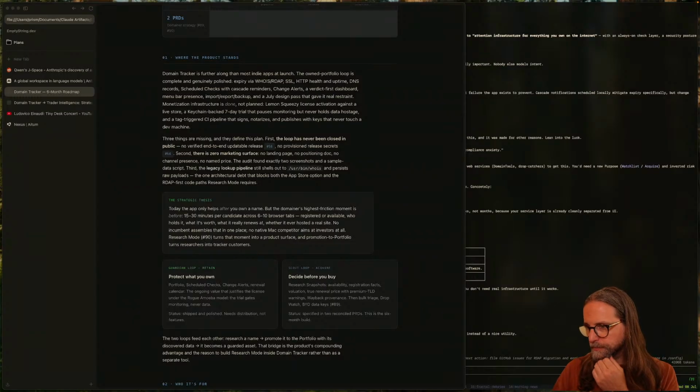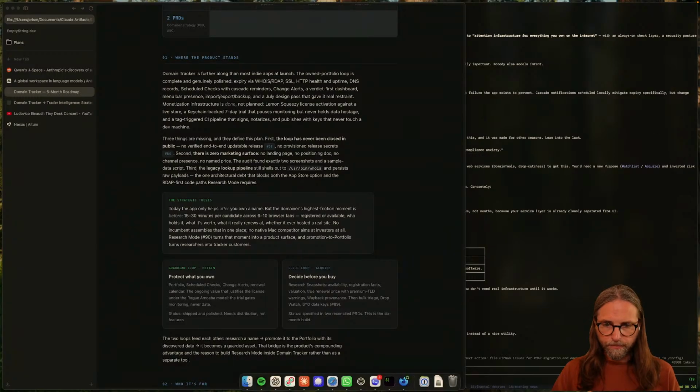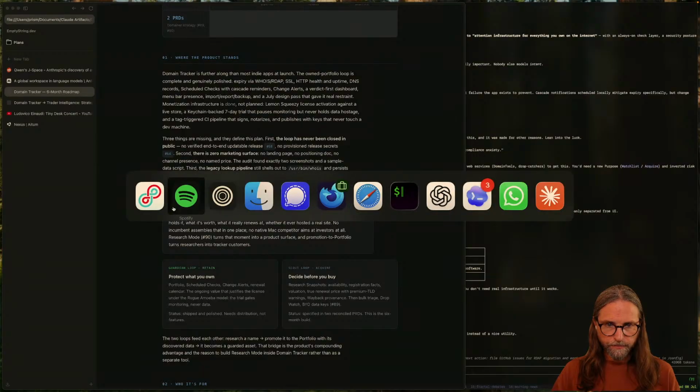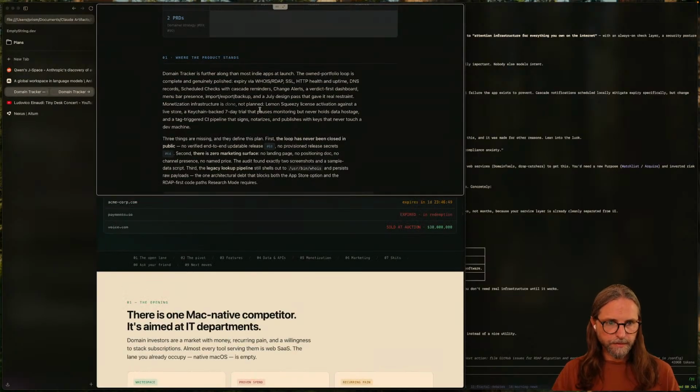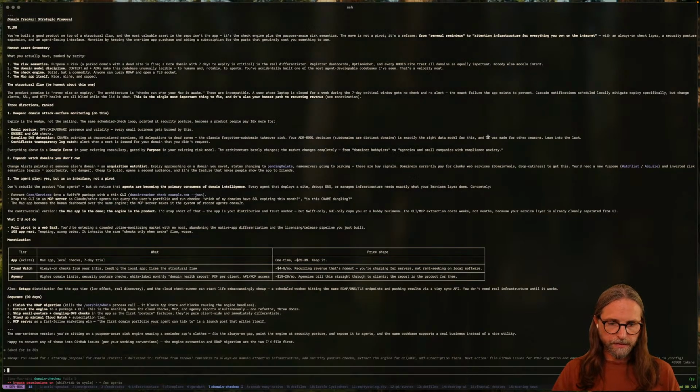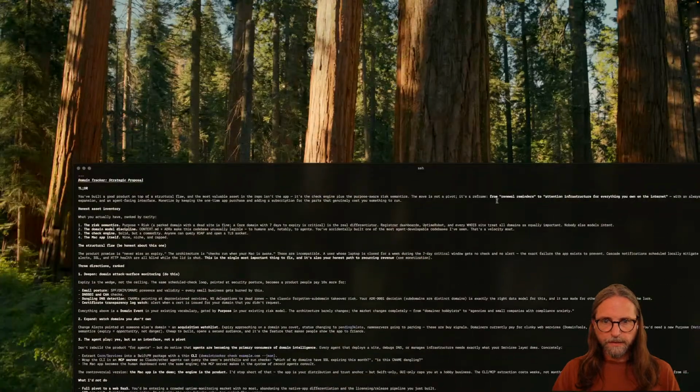What? Where is it? Loopback, where are you?